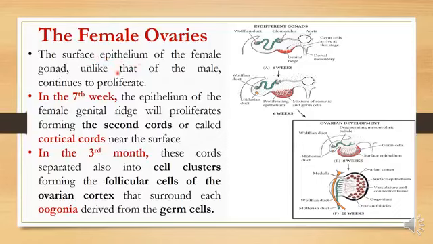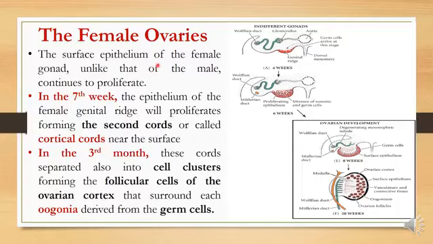Now, a difference between the male and the female. The surface epithelium of the male proliferates and penetrates the mesenchyme, forming the primitive cords, while in the female, this epithelium continues to proliferate, and in the 7th week, it forms the secondary cords, called the cortical cords.